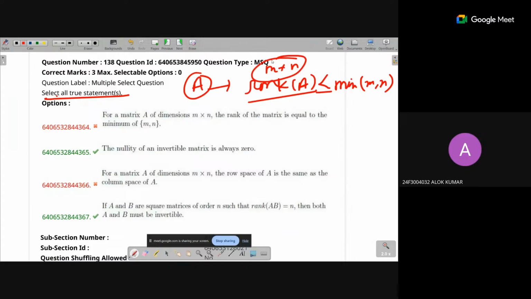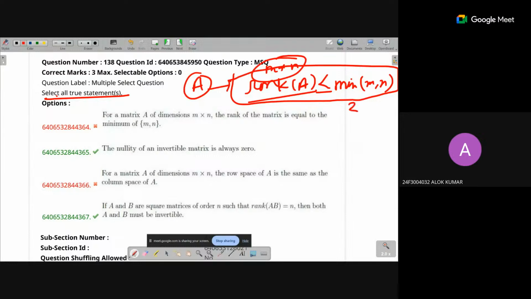Suppose you have a 2 cross 3 matrix, the rank will always be less than or equal to 2, because the minimum of 2 and 3 is 2. Either you have rank 0, 1 or 2. Getting my point? So the rank of A is always less than or equal to the minimum of m or n.